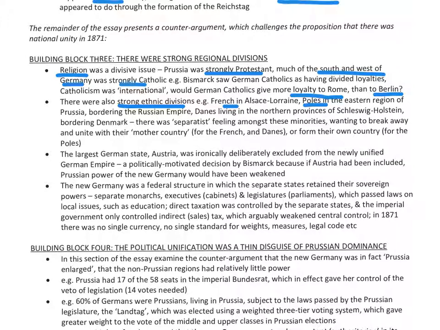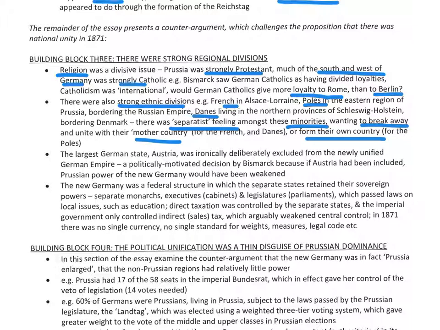There were Poles in the east, there were Danes in the north, and there was strong separatist feeling amongst these minority groups who to some extent wanted to break away and unite, if you were French or Danish, with your mother country, because France and Denmark already existed, or the Poles. There was no Poland, but the Poles living in Germany, and there were many Poles living in Russia as well, wanted to form their own country called Poland. Now that is not strong national unity when you've got separatist feelings. So that clearly needs to be developed.